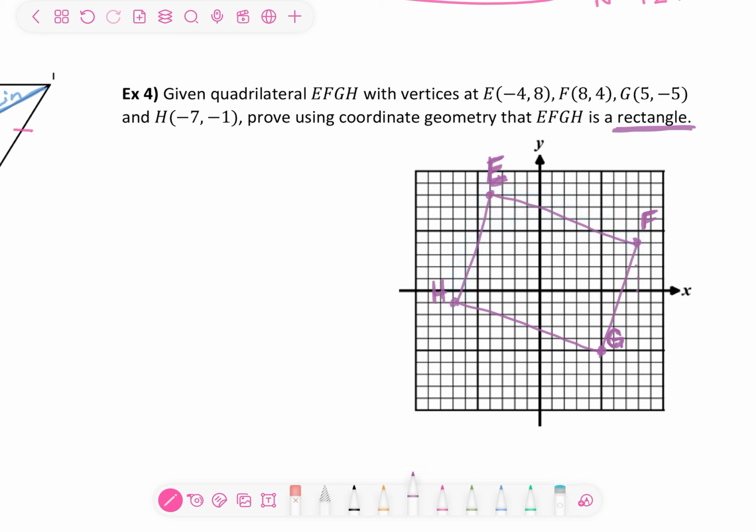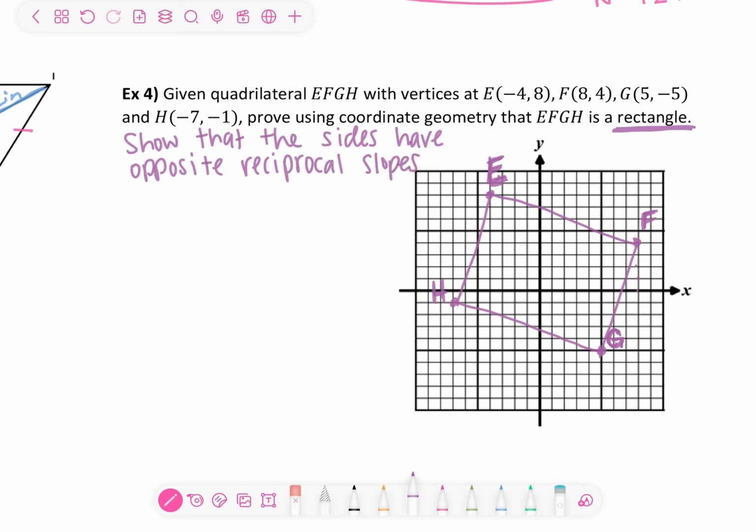So we need to show that the sides have opposite reciprocal slopes. That's what we need to show. We need to show that for all pairs of sides.